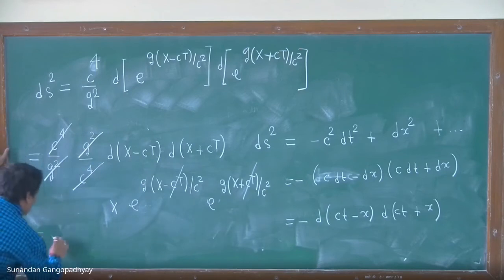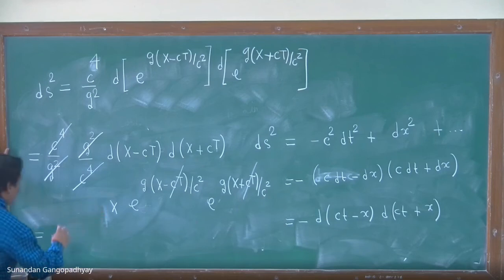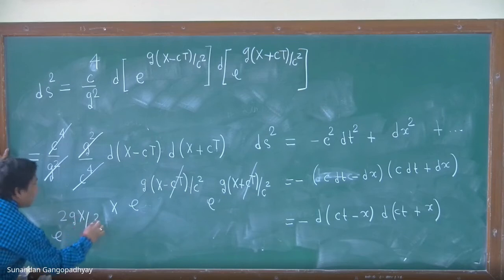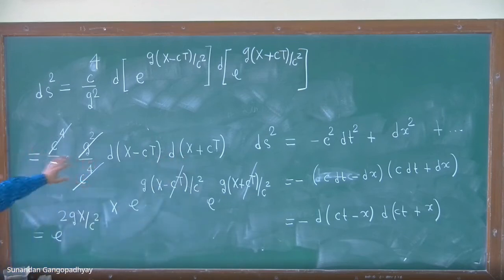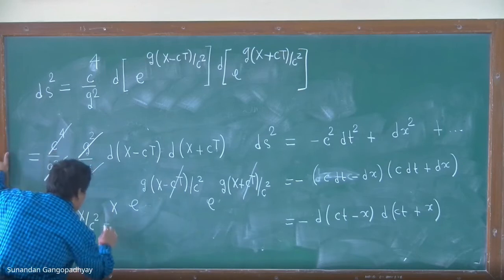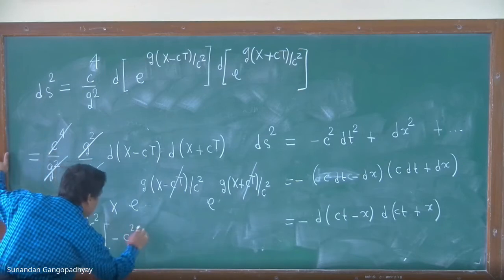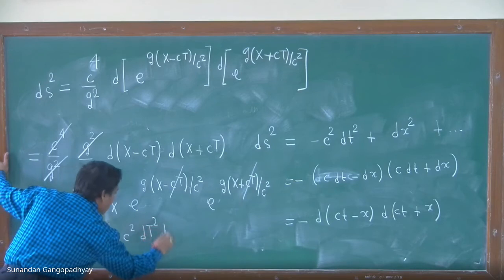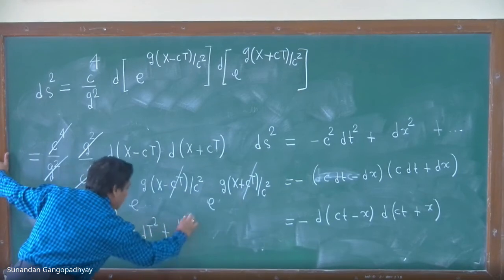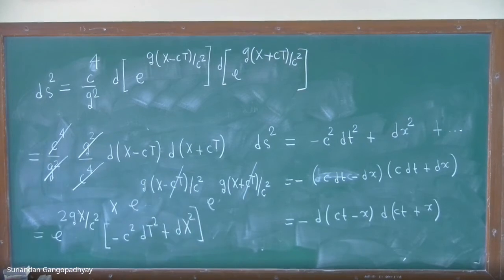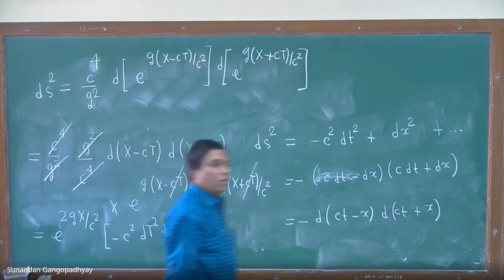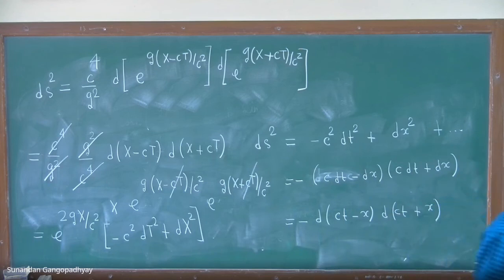This will be e to the power of 2gx by c square, and leave this. See, this combination is very nice because you can write this immediately as minus c square dt square plus dx square. See how nice it is. That is why we computed those combinations, ct minus x, ct plus x.